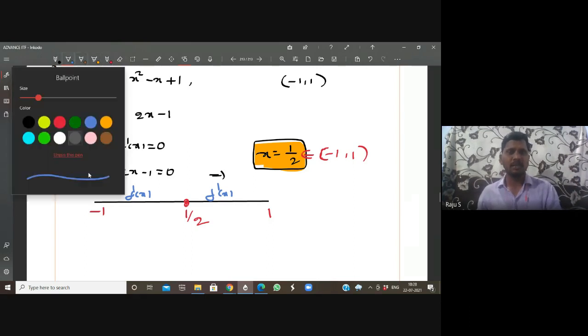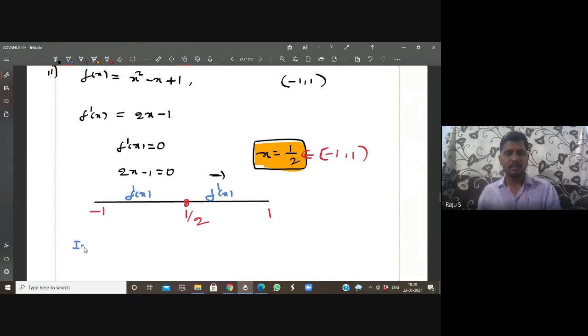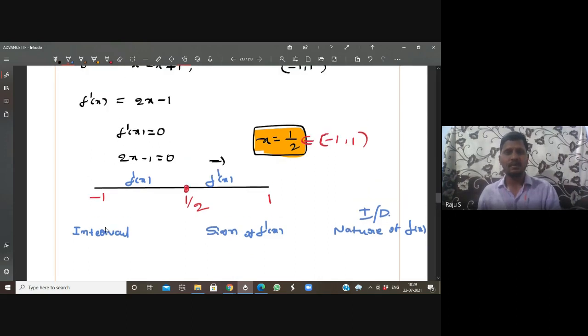What are the 2 intervals? We make a table with the interval, the sign of f dash of x, then the nature of f of x, that is increasing or decreasing. So what are the intervals, students? We can take minus 1 to 1 by 2.